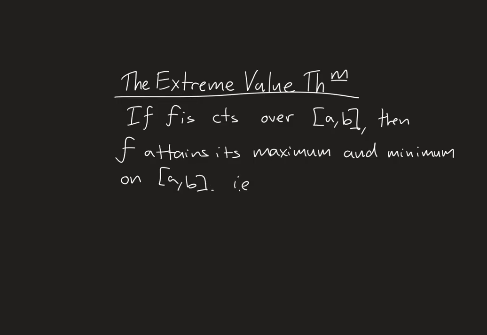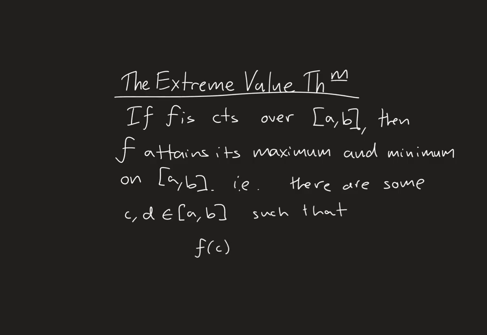In other words, there are some c and d in the interval a to b such that f of c is always less than or equal to f of x, which is always less than or equal to f of d for each x in this closed interval.